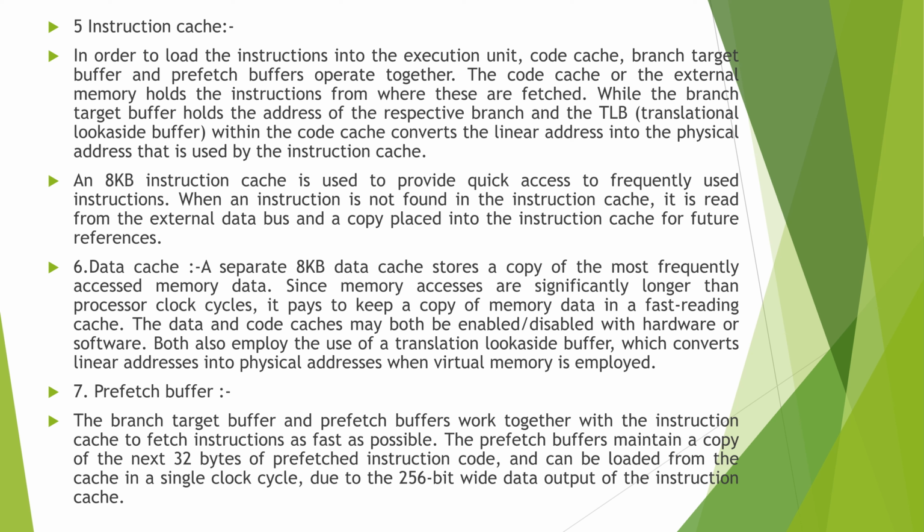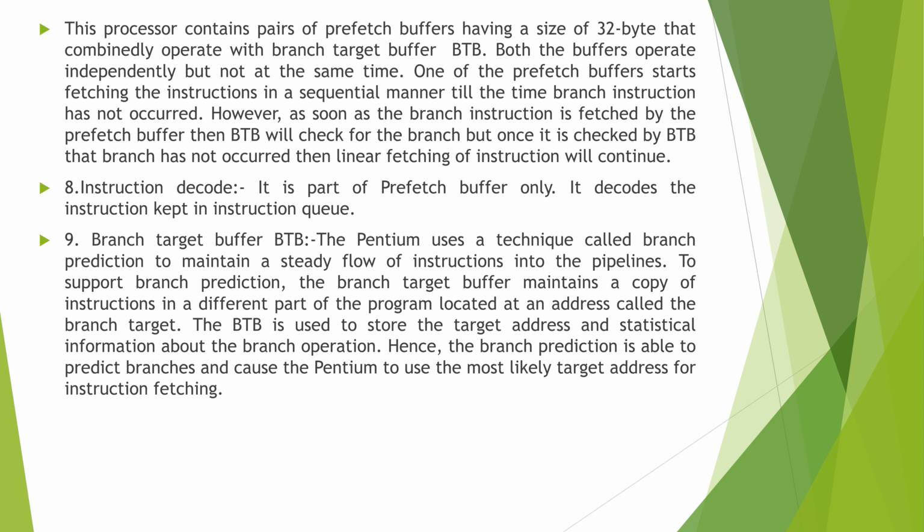There are two prefetch buffers, each with a length of 32 bytes. Due to the 256-bit wide data output of the instruction cache, it can fetch prefetch buffers having a size of 32 bytes that combinedly operate with the branch target buffer, that is BTB.